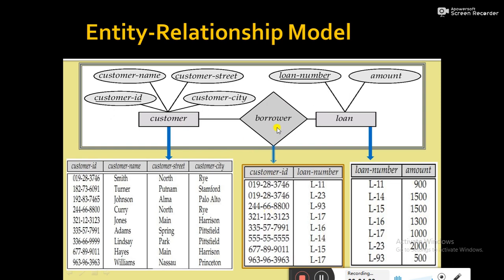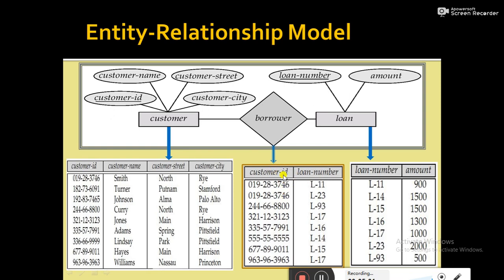So the relationship set borrower in the ER model needs to be converted to another table or another relation. This table is known as the borrower relation or the borrower table. And what should be the attributes of that particular table?